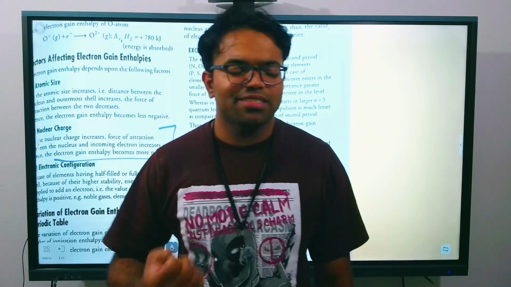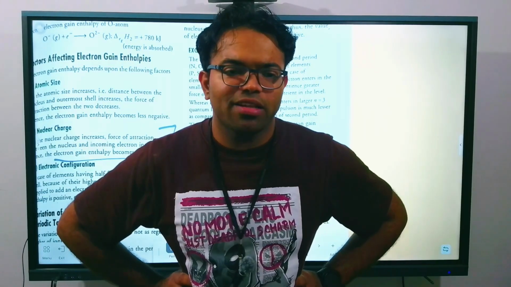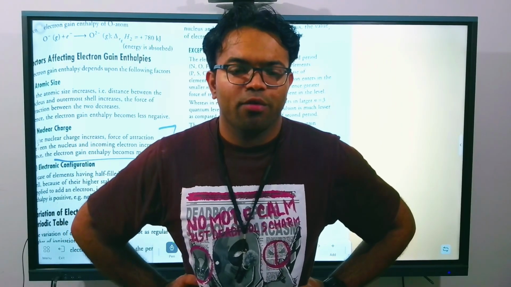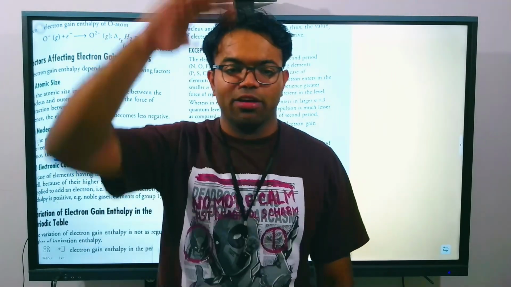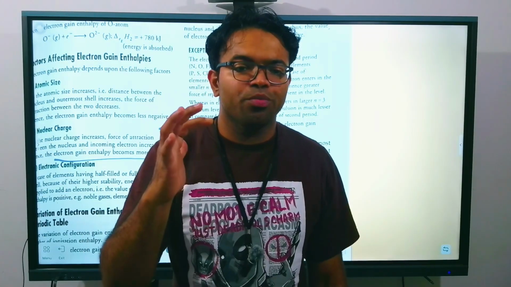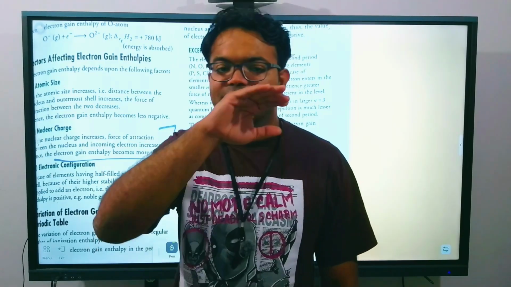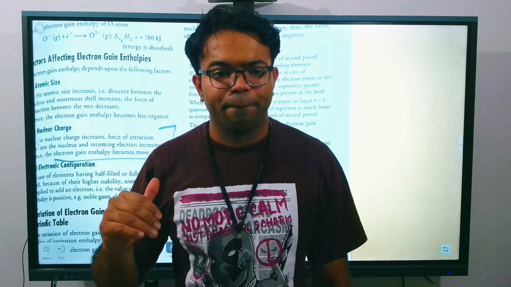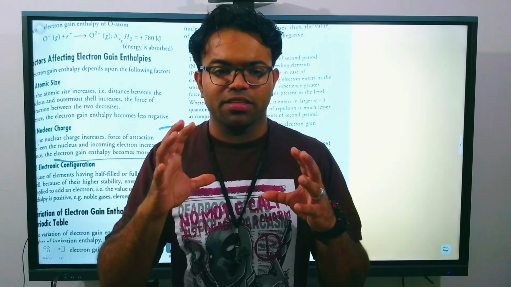Now, if the shell size is increasing, we can say that the elements in the second period will have a much smaller radius compared to the elements in the third period. Second period lesser radius, third period more radius, right? Am I right?